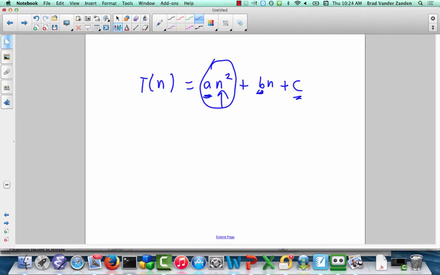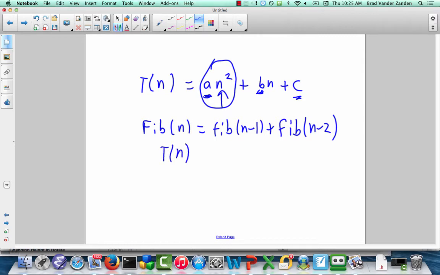Is it n? Okay, in the case of the Fibonacci sequence, when you're doing fib of n equals fib of n minus 1 plus fib of n minus 2, it actually gets a lot more complicated. Okay, we actually have to start solving a recurrence, which is not so easy to do.